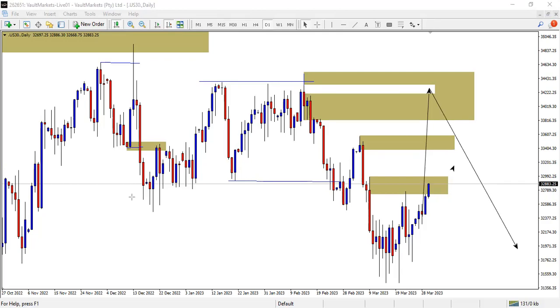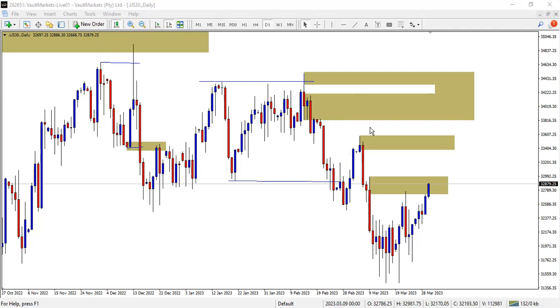Here we see price tapped into this candle that created the stop hunt, and then after that it dropped, and we're expecting the very same thing to happen here, right? So now we know that D1 is bullish.